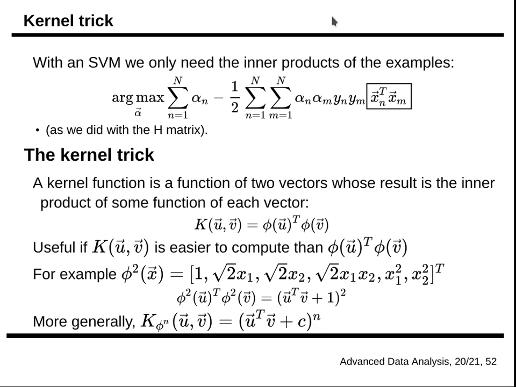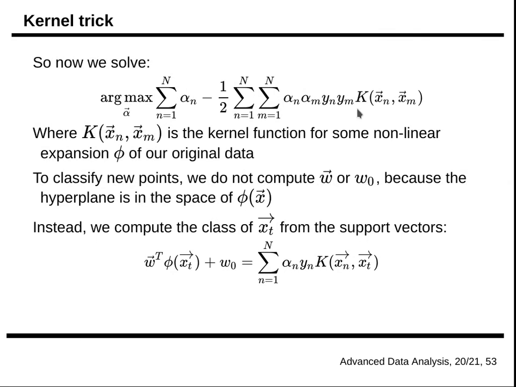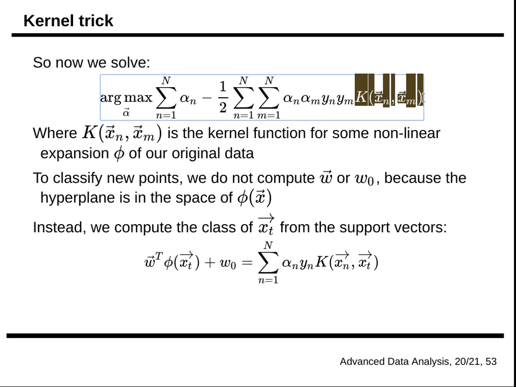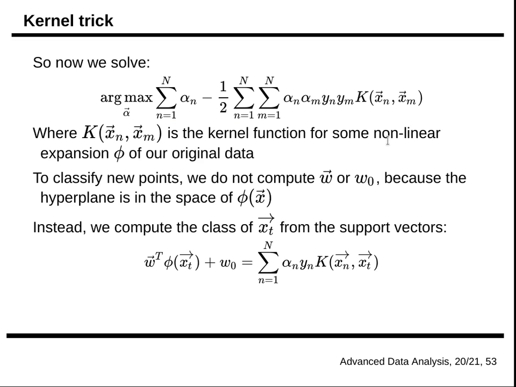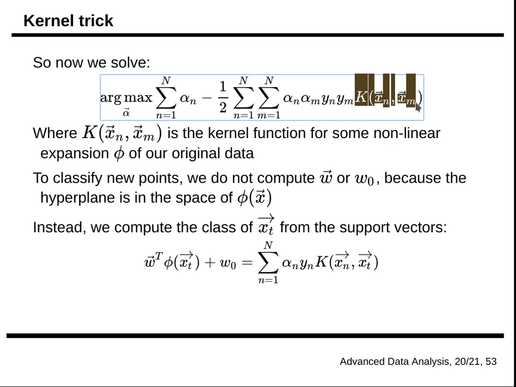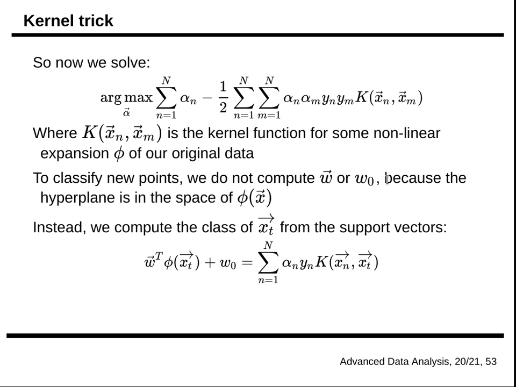So the kernel trick, the way we apply this on support vector machine, is to replace these inner products with the kernel function. This makes it implicitly as if we were transforming the vectors into a higher dimensional space and then computing the inner product in that space. But we do it for free or nearly for free because these kernel functions are much simpler to compute.